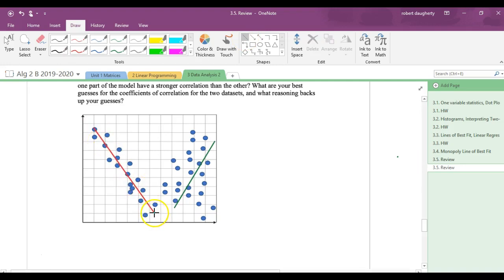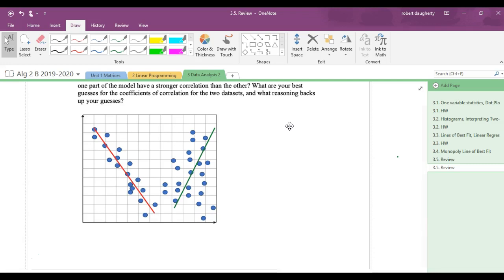Again, not exact, but something like this looks like it would be a good model for the data set. This green one looks a little bit off, but again, I'm not looking for exact. I'm looking, can you look at this and give me some intuition about the data set? That looks like it would be better than having one line that goes through the whole data set.